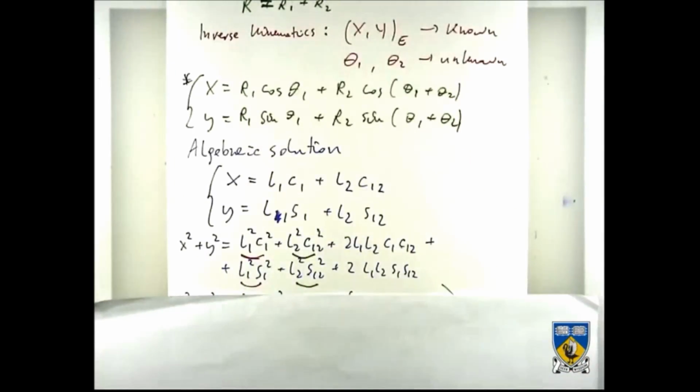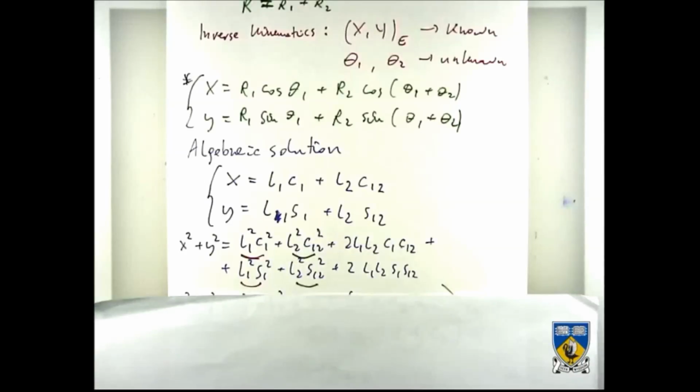and we are getting something like this, right? So from the first one, it's x squared, and on the right side, L1 squared, C1 squared, L2 squared, C12 squared, and then 2 L1 L2 C1 C12. Okay, and similar stuff from the second one.